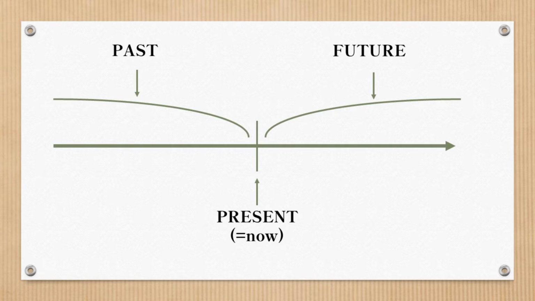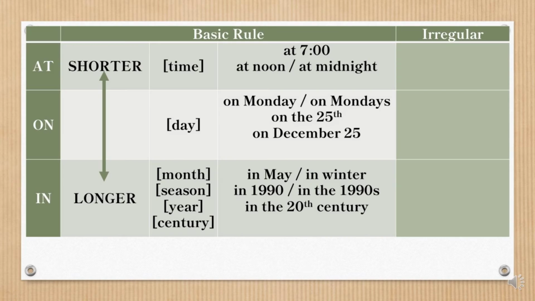They are both longer periods. It is easy to understand that past or future is longer than a day, so we use in for past and future. To sum up, we say at present, in the past, in the future. These are good examples of the rule. At for shorter periods, on for a day, in for longer periods.